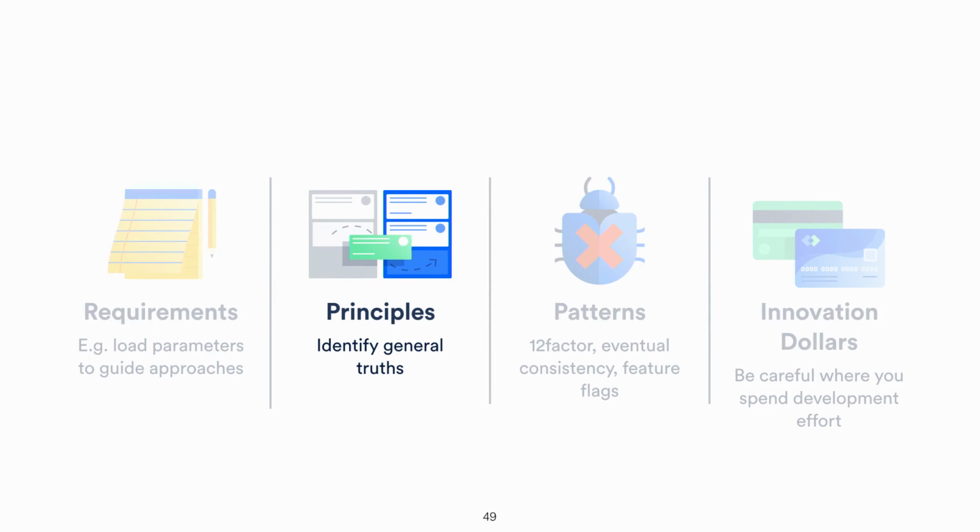It's also quite useful and important to try and identify some general truths or principles. Sounds a bit hand-wavy, nothing much to disagree with, so let me give you a few examples. One of the principles that we identified and put down is that we only wanted to store derived data in Elasticsearch.